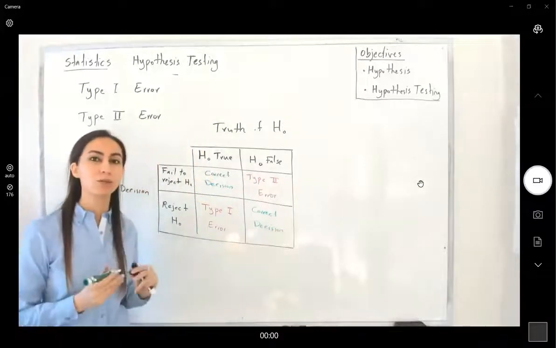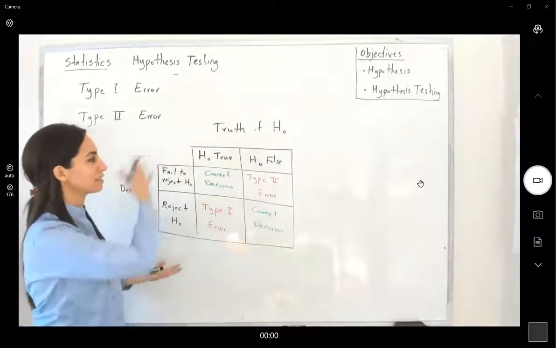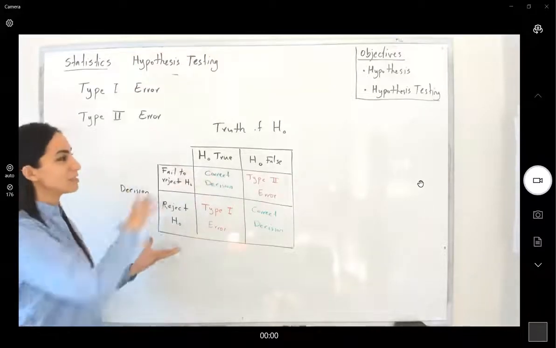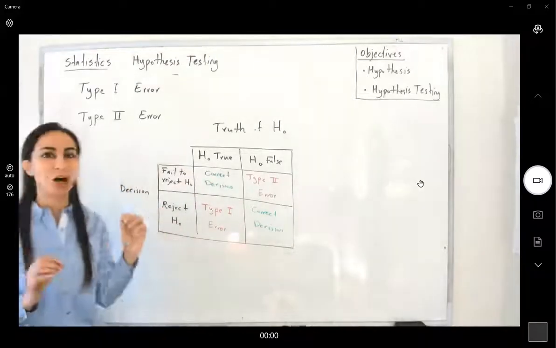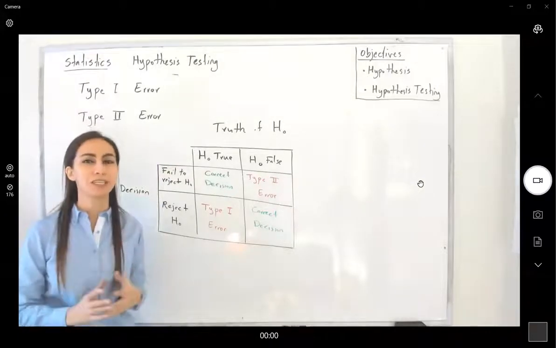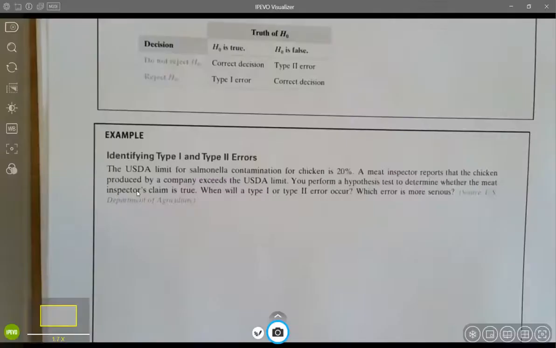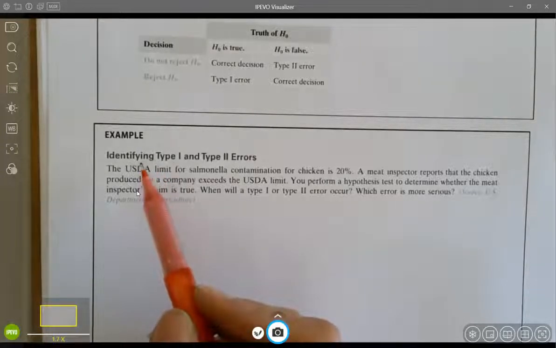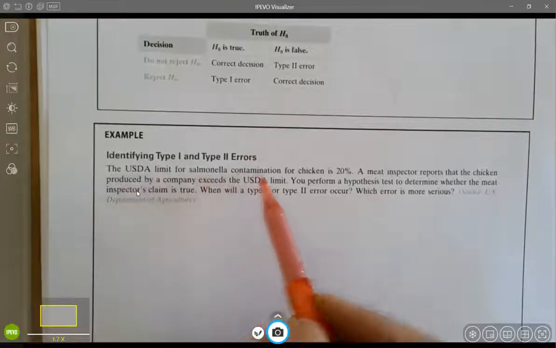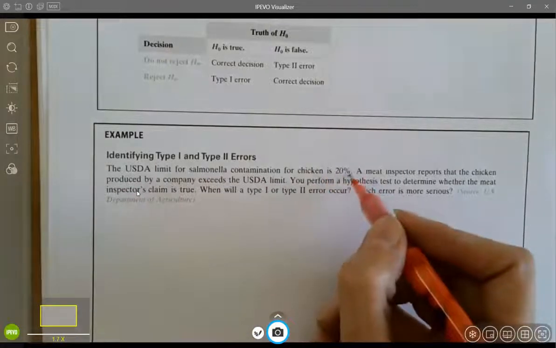Let's take a look at one quick example to understand how we can use this nice table and identify type 1, type 2 error, and which one is more serious. So in this example, we have the following. The USDA limit for salmonella contamination for chicken is 20%.